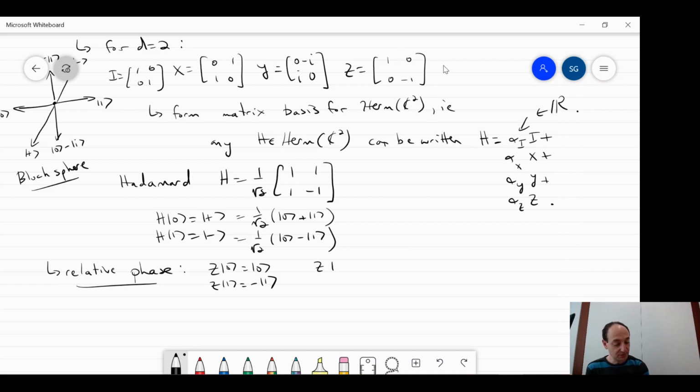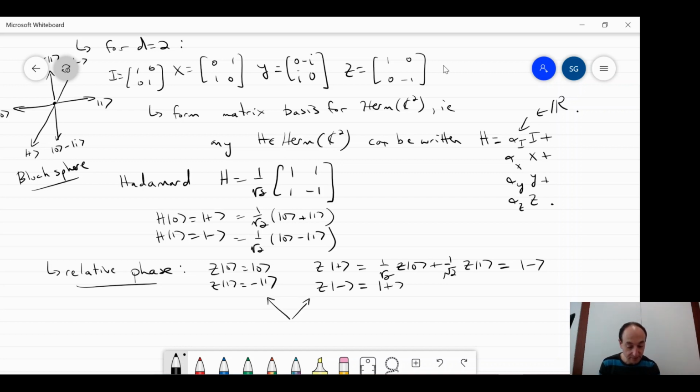But if I do Z times plus, it's going to look like 1 over root 2 Z times 0 plus 1 over root 2 Z times 1, and then you're going to get the minus state out. It's going to put a minus sign in front of the 1. Likewise, if I do Z on the minus state, I'll get the plus state. So there's something very nice here worth remembering, which is that in the standard basis, the Z acts like a phase gate.